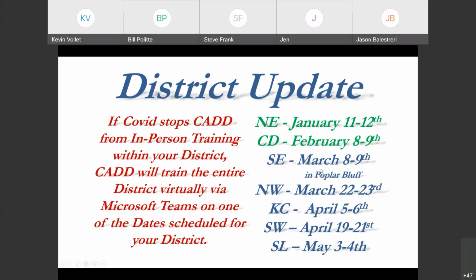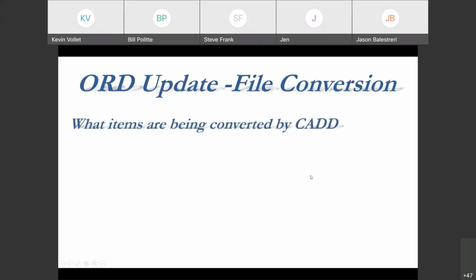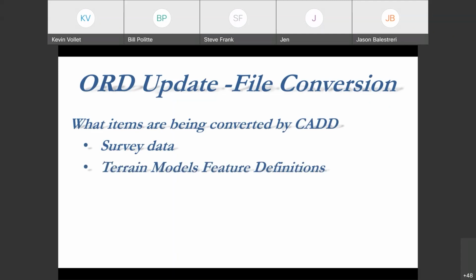So, all right. I'm doing some of the converting for the Northeast and Central District, and I'll explain what items are being converted. I basically look at every file, but the main item I look at is the survey data. If you have any kind of survey data in there, I'm converting that up to ORD survey data. Terrain model feature definitions, they've changed the functionality of the feature definitions.